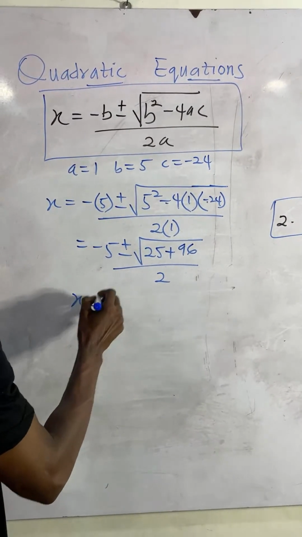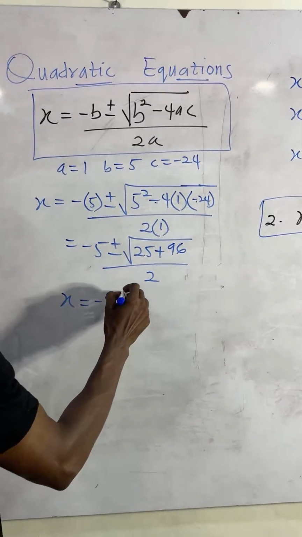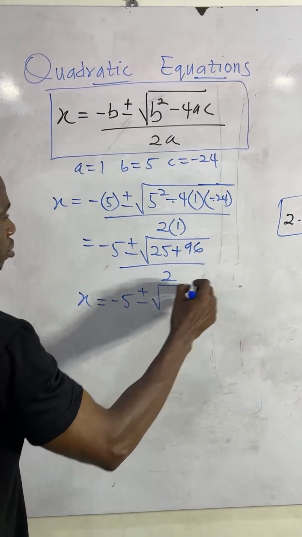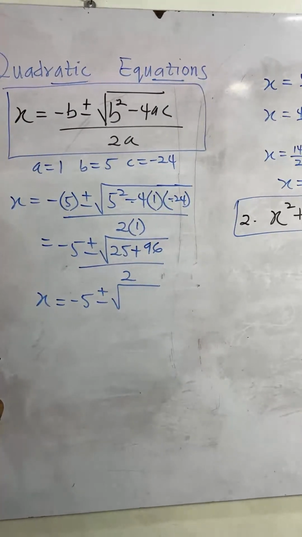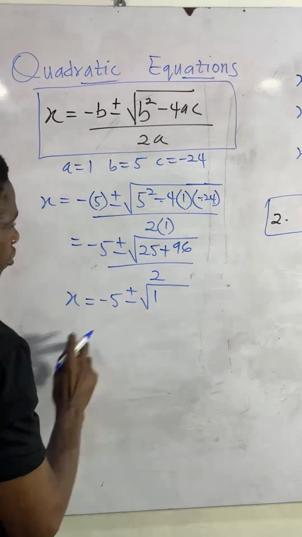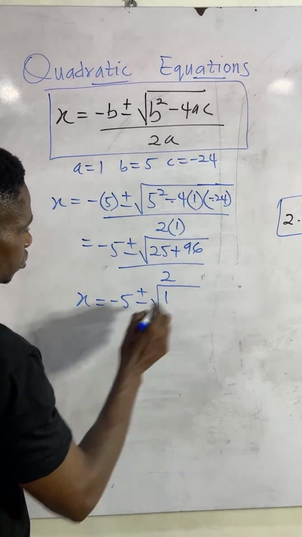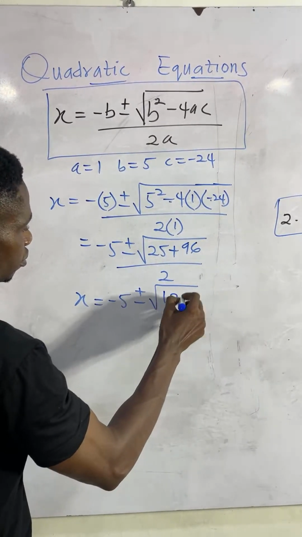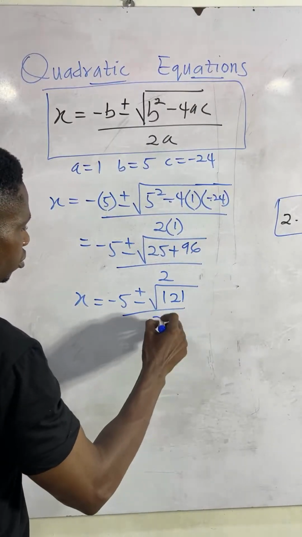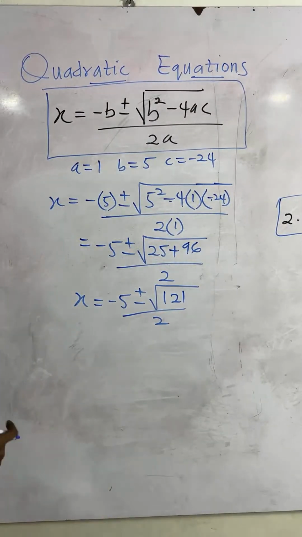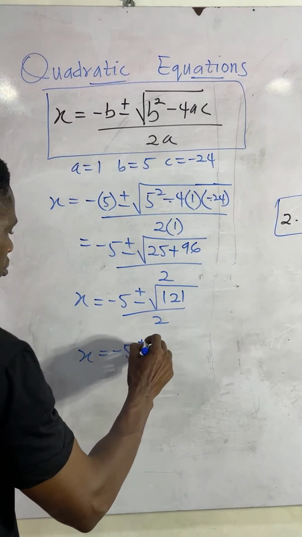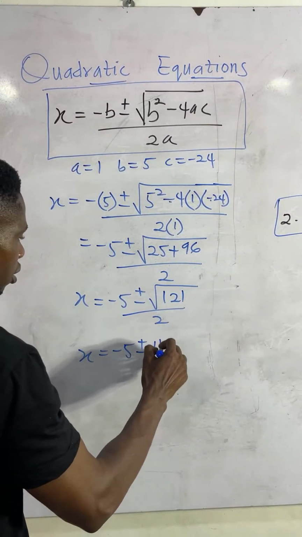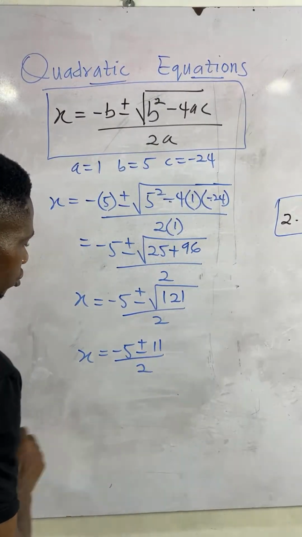So our x is equal to minus 5 plus or minus the square root of 121 over 2. So x equal to minus 5 plus or minus 11 all over 2.